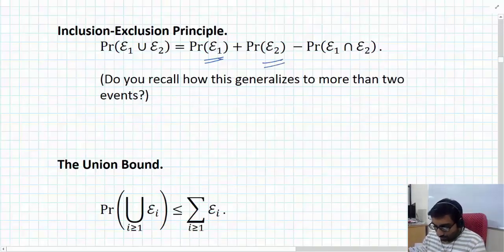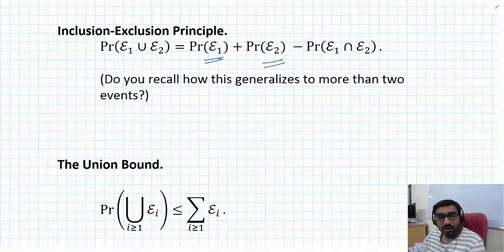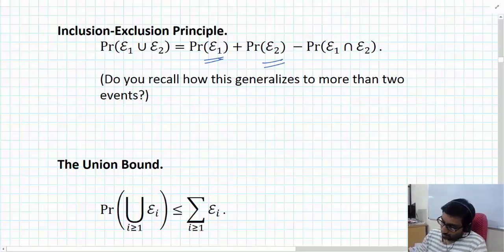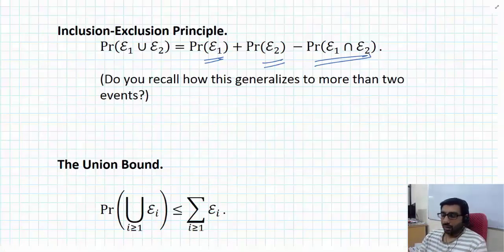But then we've done a little bit of overcounting, so we have to make a small correction, and so we have to subtract out the probability of their intersection. This is the classic inclusion-exclusion principle, and I'm sure you've seen this in the context of set theory, and it shows up here in probability theory as well, of course.